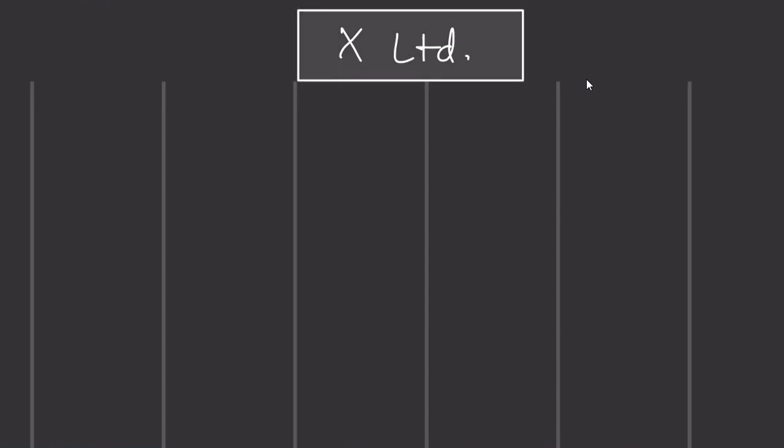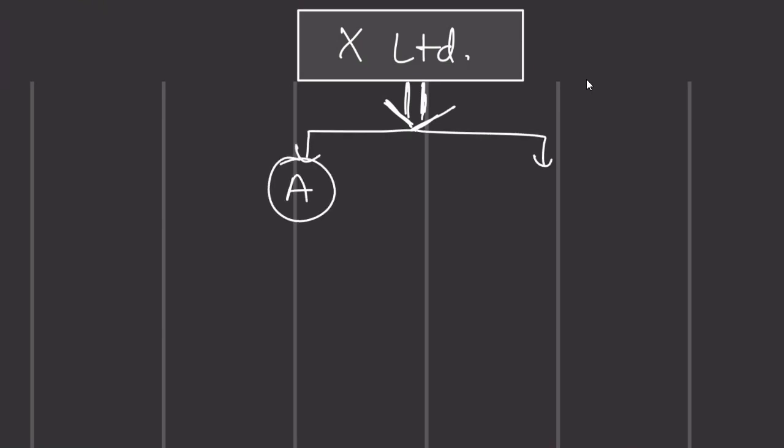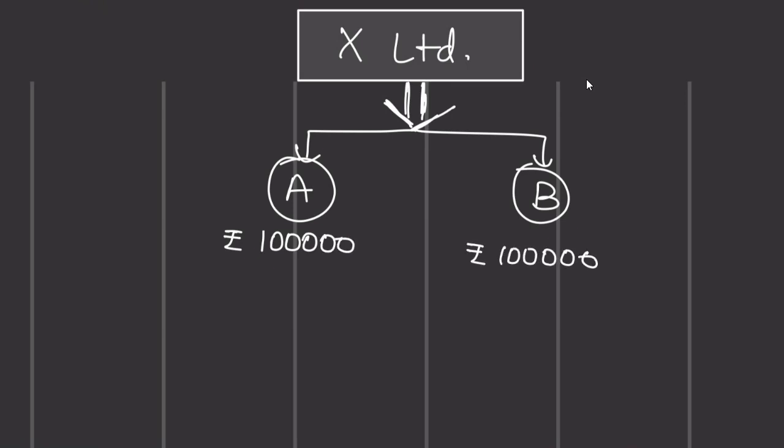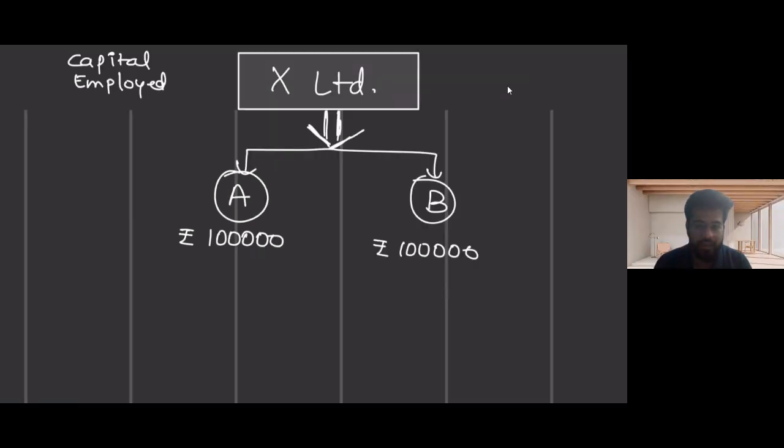This company is formed by two shareholders, Mr. A and Mr. B. Mr. A has invested 1 lakh rupees. Mr. B has also invested 1 lakh rupees. So the total capital which is employed by the shareholders in this company is rupees 2 lakh.